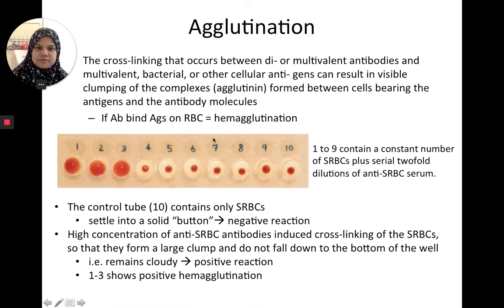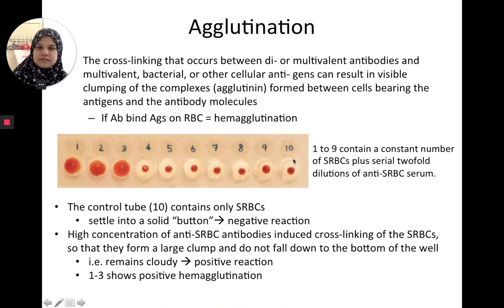So you've got basically this hemagglutination where you have these wells 1 to 9 with the same amount of the SRBCs, so the red blood cells, and then a twofold dilution of the anti-SRBC serum. So you're diluting the antibodies across the wells.